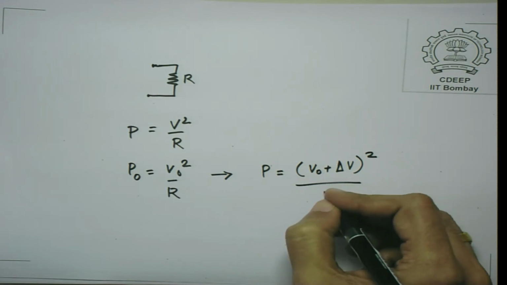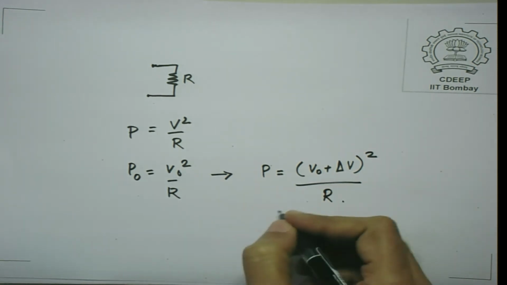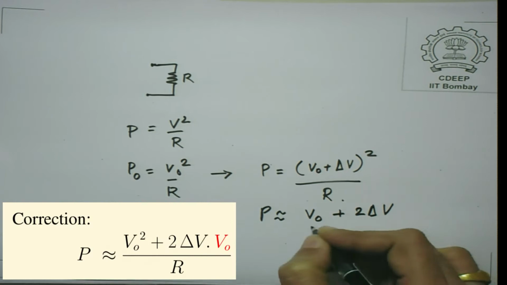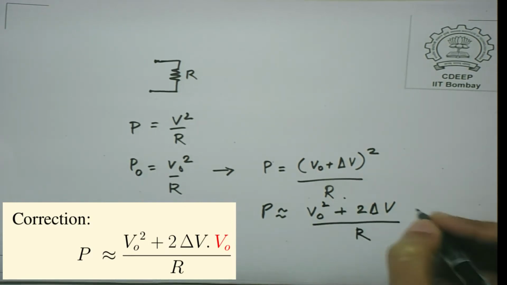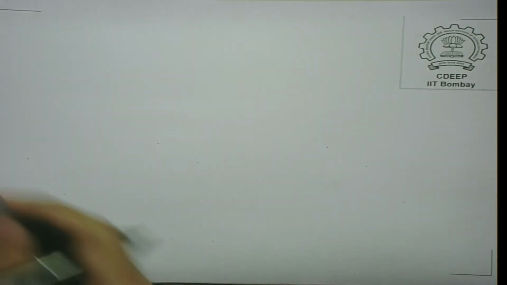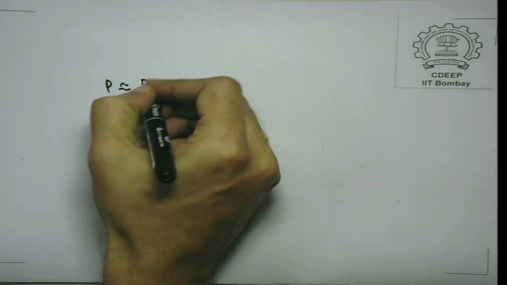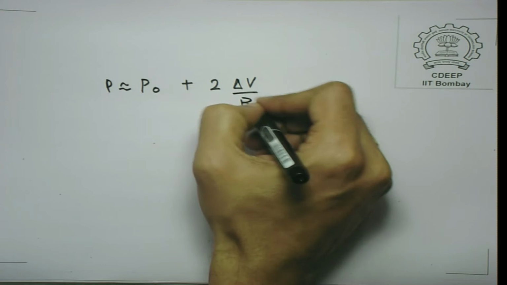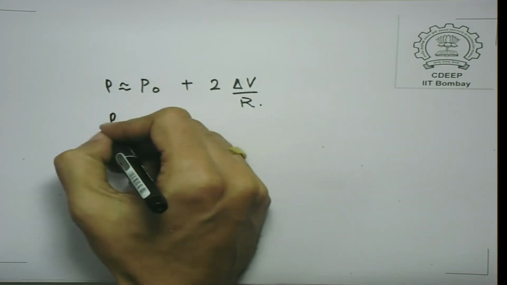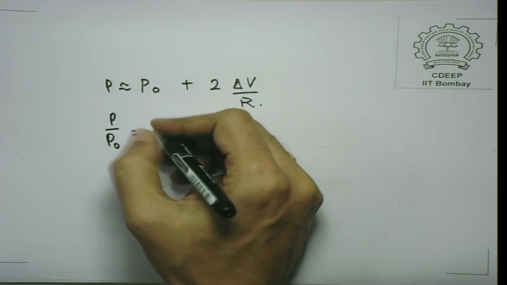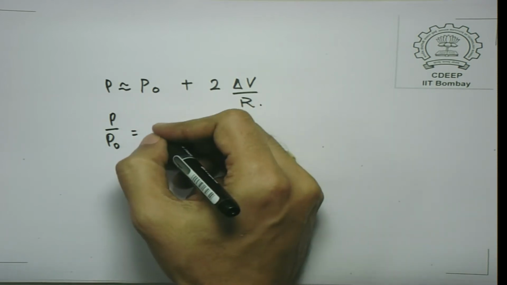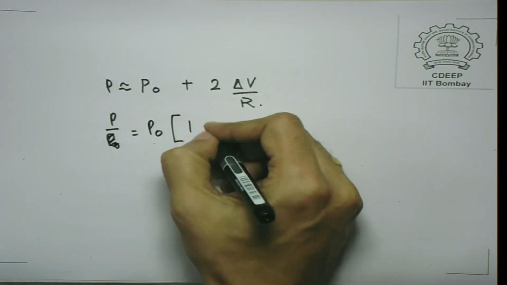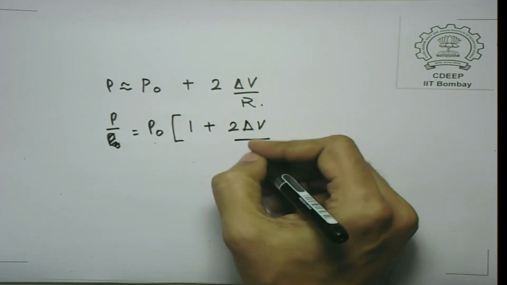So, for small changes this will be V naught square plus 2 V naught delta V upon R. So, P is approximately equal to P naught plus 2 V naught delta V by R, or in other words, P by P naught is equal to 1 plus 2 delta V upon V naught.